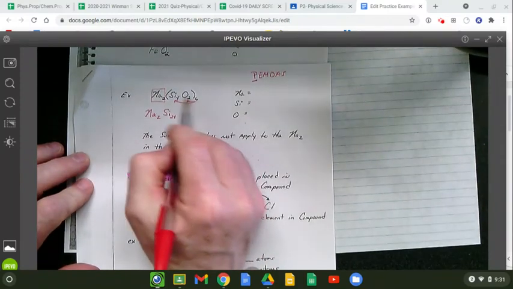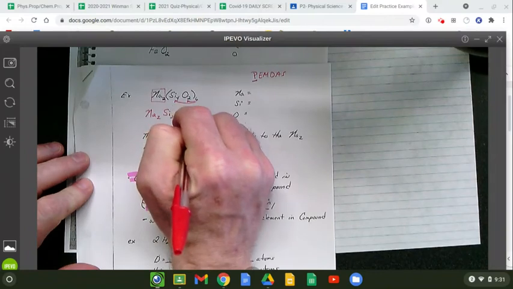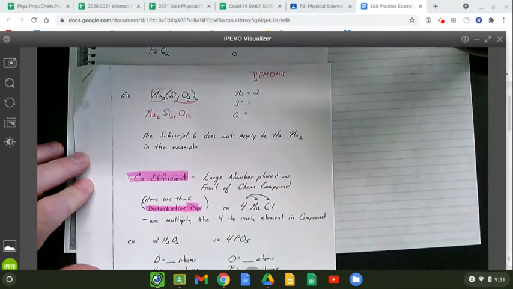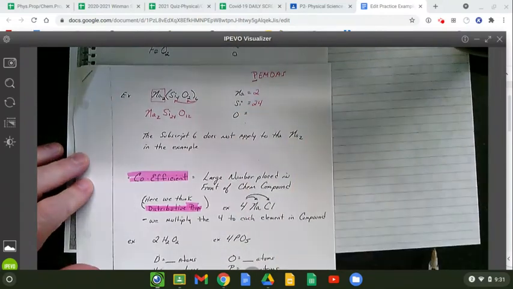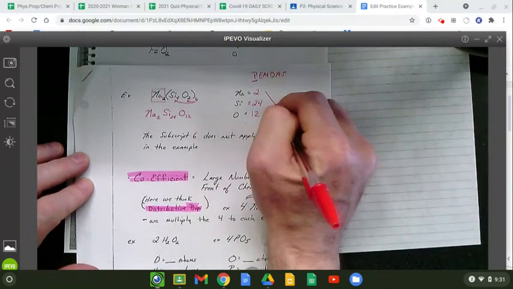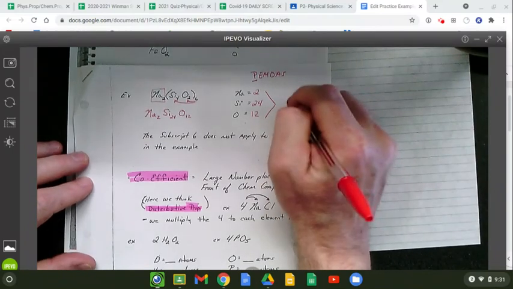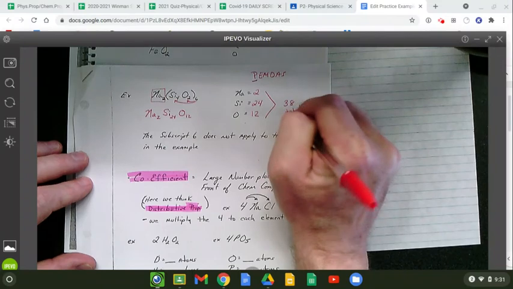And how many oxygen atoms do we have? We have 12. So here I have a total of 2 sodium, 24 silicon, and 12 oxygen atoms. To add these all up, we have 38 total atoms.